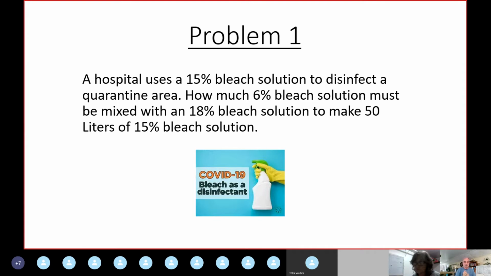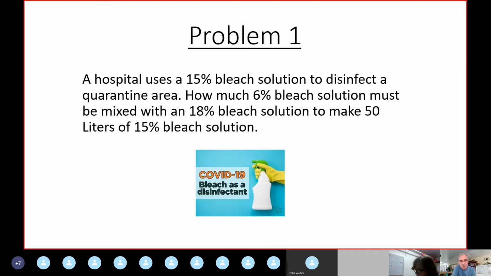It's the first one. It perfectly matches the situation we have right now: COVID-19. It's about a hospital. A hospital uses 15% bleach solution to disinfect a quarantine area.